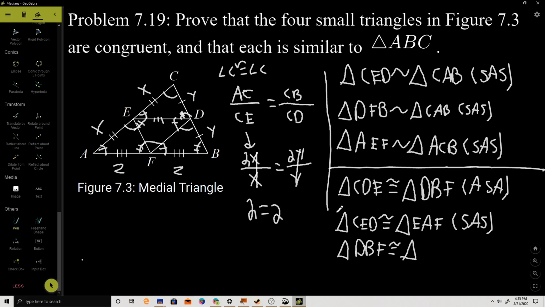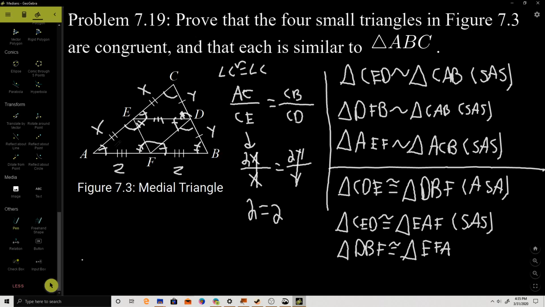Since they're both congruent to CED, then DBF has to be congruent to EFA. And you can use pretty much any congruence property you want at that point. So, now we just have to show that this last one in the middle is congruent.